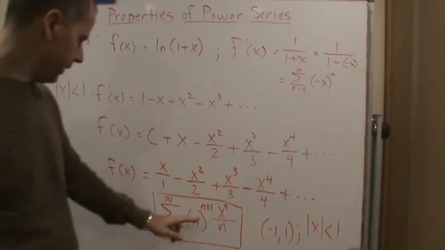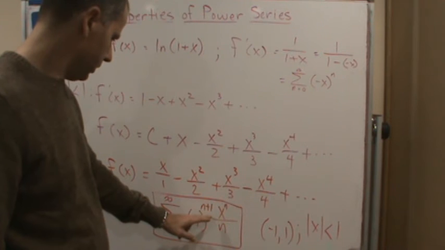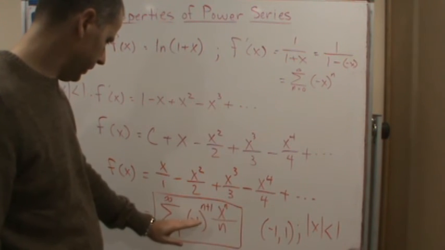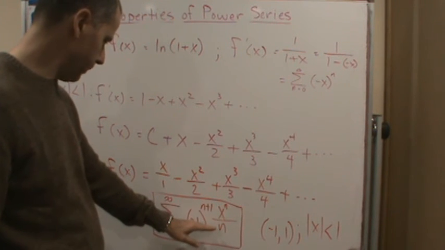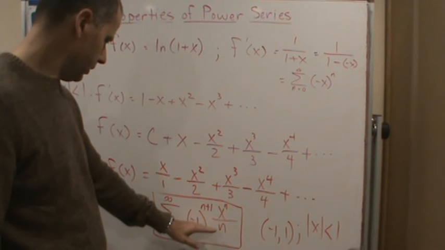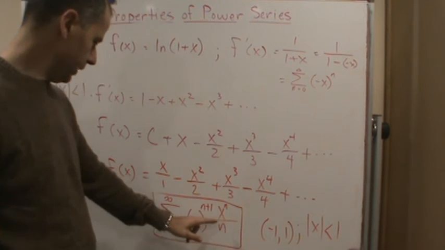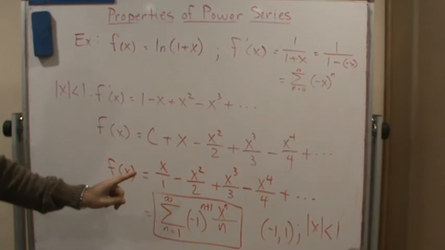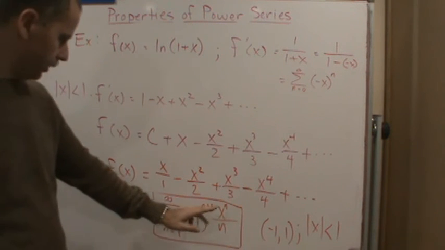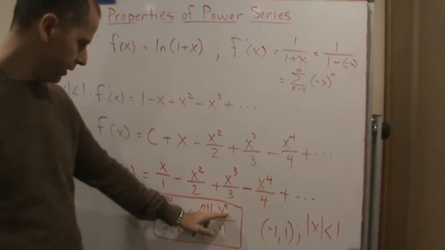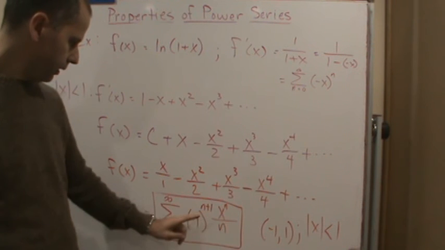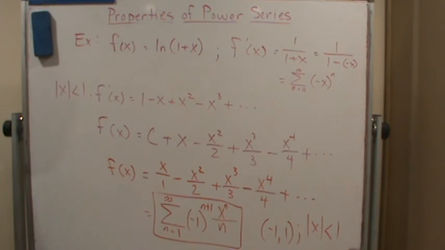And if this is +1, then that's just going to be 1, and I'm going to get the alternating harmonic series, which converges. So it converges when x is 1, and when x is -1, you get the harmonic series.